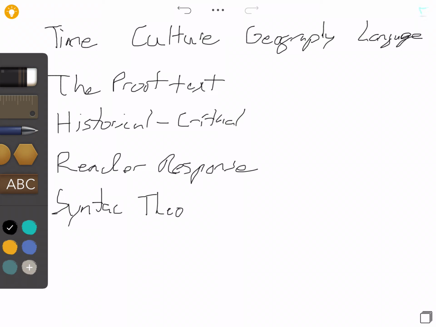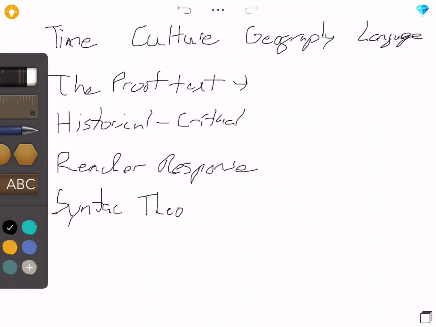So the proof text model seeks to use specific texts from the rest of the Bible, often out of context, to help prove a point that the reader has already decided in their head.